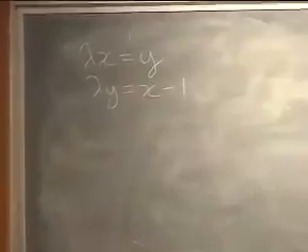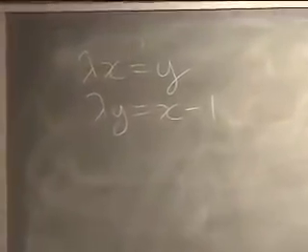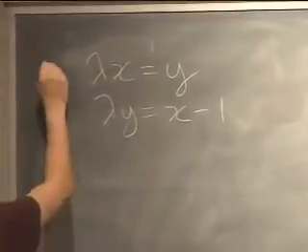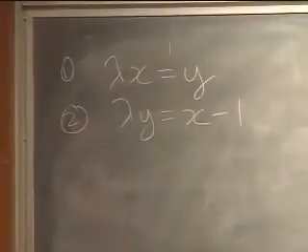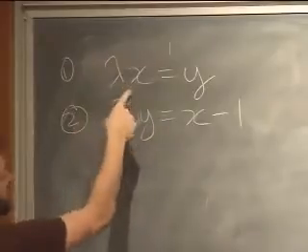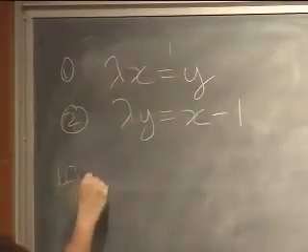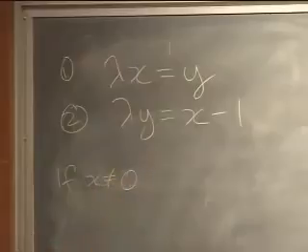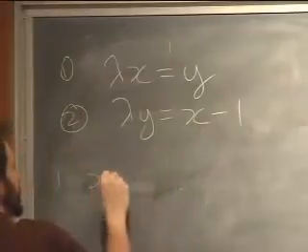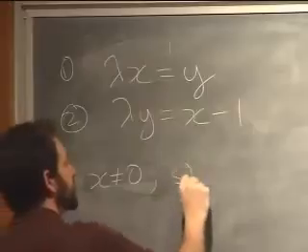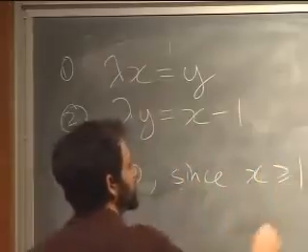One way of doing it is to call these equation 1 and equation 2. Provided that nothing is 0, we can solve. x is not 0, since we know that x is bigger than or equal to 1.